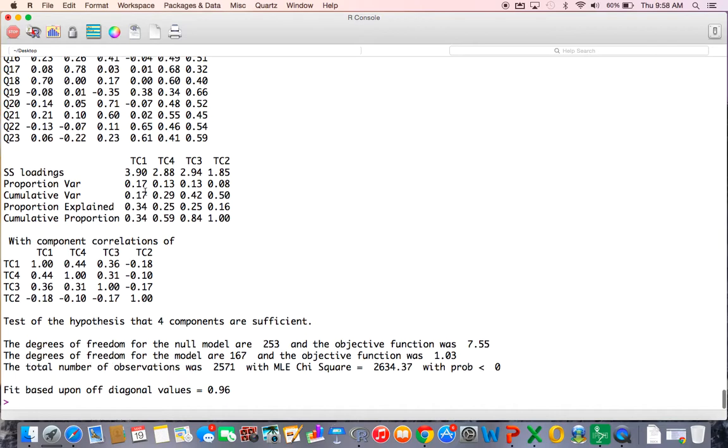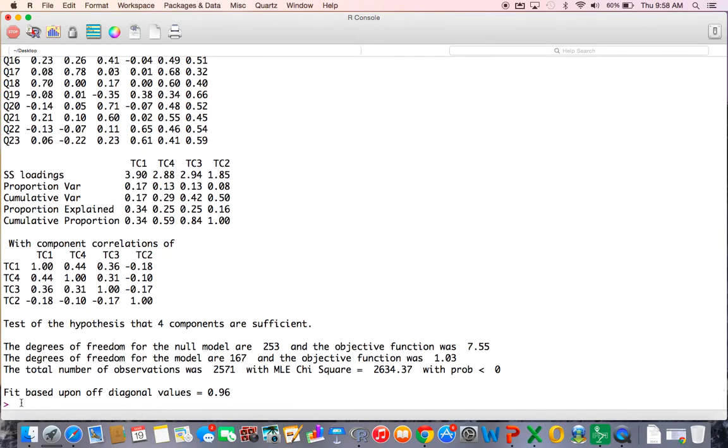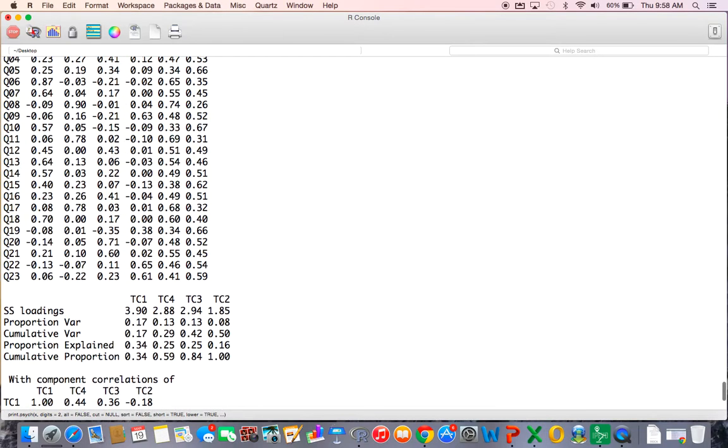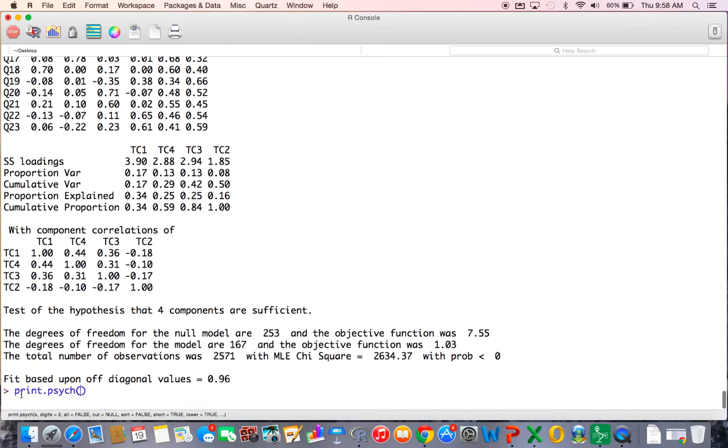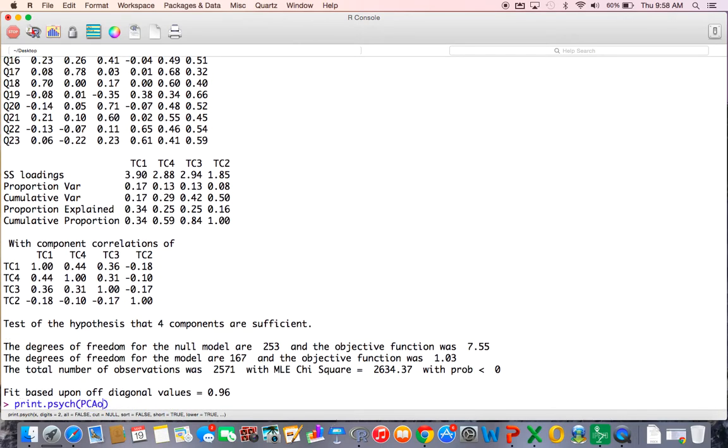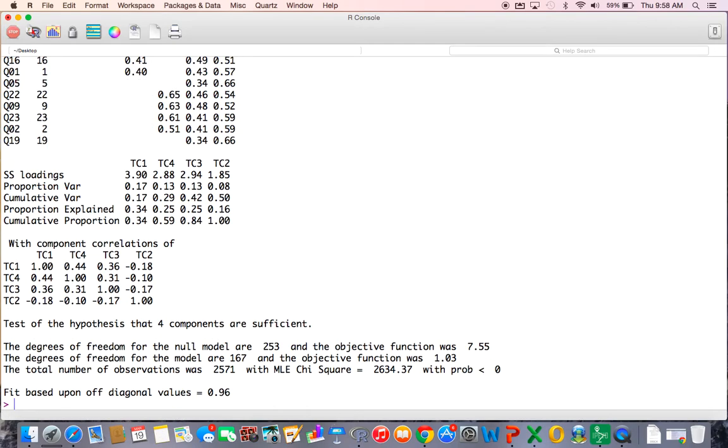Now, it's going to be easier for me to read if I do the print psych on PCA oblique, and I want to keep my cut consistent at 0.4, and sort, which is a handy tool.